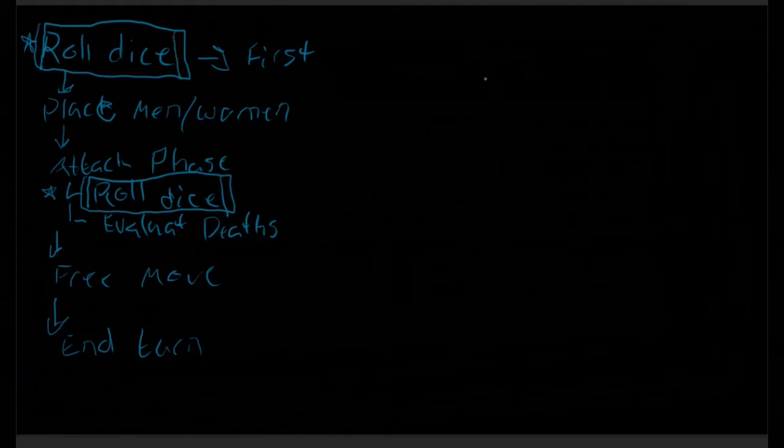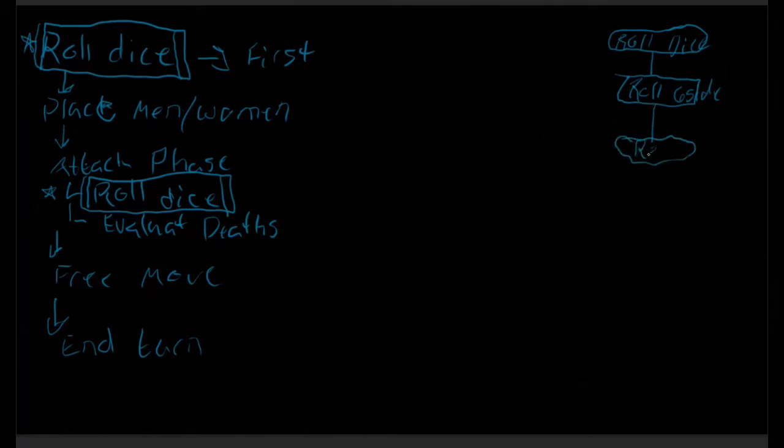Then we would use our start-stop symbol in our flowchart, and instead of start, we would call this roll dice. Then we'd have a process to roll 6-sided dice. And then it would end, and we'd put return.